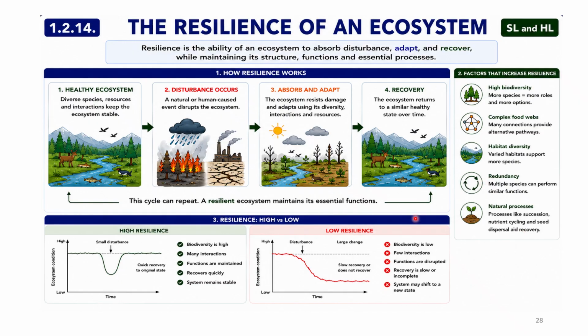The comparison between high and low resilience illustrates that ecosystems with greater biodiversity recover quickly after disturbance, whereas ecosystems with low biodiversity recover slowly, lose key functions, or may even shift permanently to a different ecological state. This highlights why conserving biodiversity is essential for maintaining resilient ecosystems in a changing world.